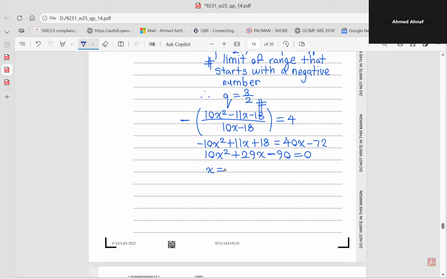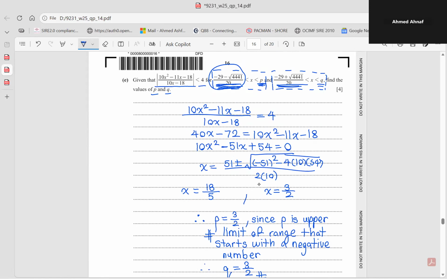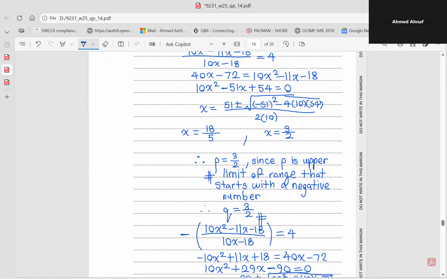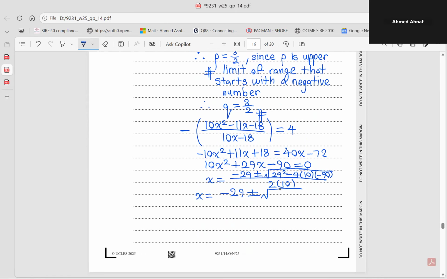And then x would just be minus 29 plus minus the square root of b squared minus 4ac, over 2a. So therefore it will be minus 29 plus minus the square root of 441, over 20.